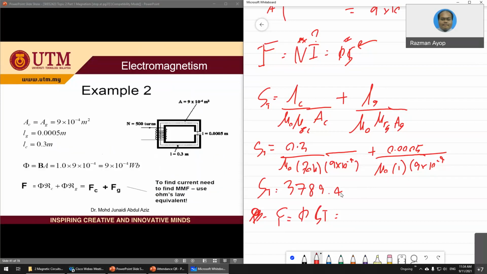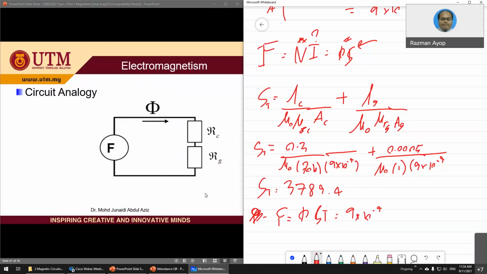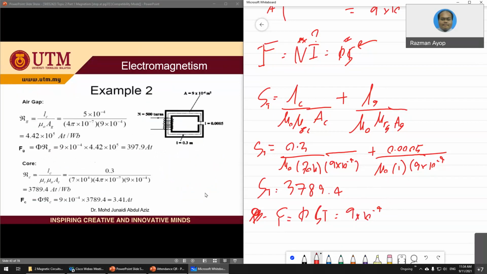Flux is 9 multiplied by 10 negative 4, and this one is 3789.4.